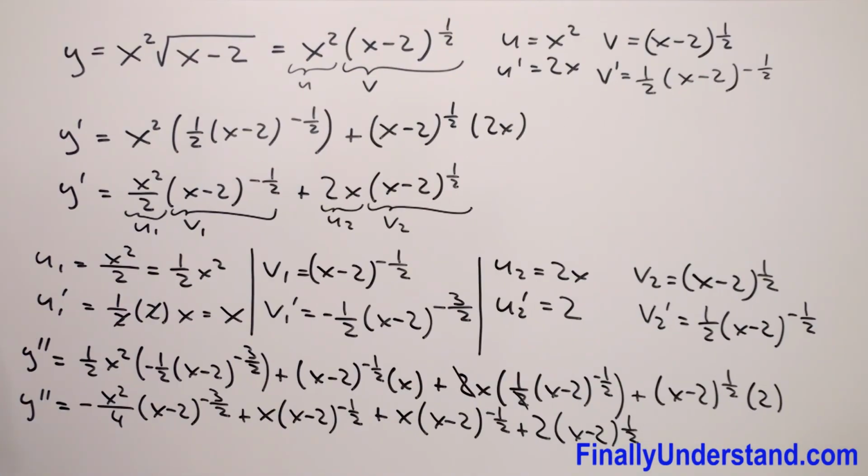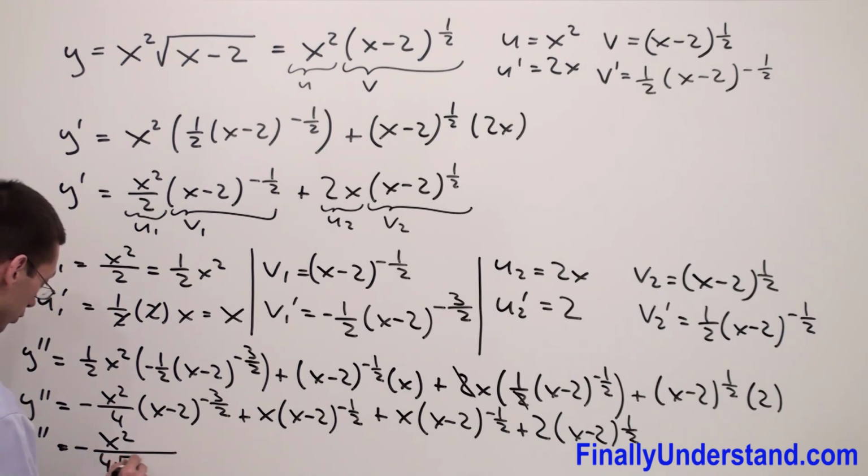Now we're supposed to combine the like terms and convert the exponents to radicals. So I'm going to have y double prime is equal to negative, going to write x squared over 4, and I'm going to convert this exponent to radicals.